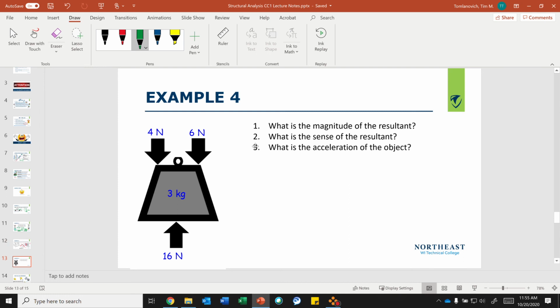All right, so another example. What is the magnitude of the resultant? If we look here, we have a 4 newton force pushing down, a 6 newton force pushing down, and a 16 newton force pushing up.